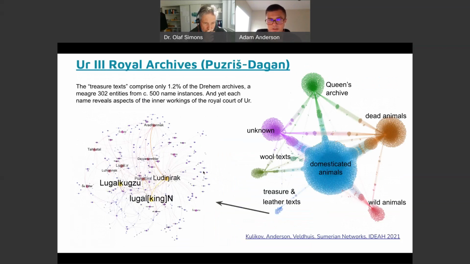So you can see here a small network that came from the treasure and leather texts. All of these other archives are huge and interesting to explore. But this one in particular focuses on the king and the different merchants that are coming from what I assume to be up north in Ashur, and also the local military leaders, as well as some of the princesses or the daughters of the king are named in here as well.